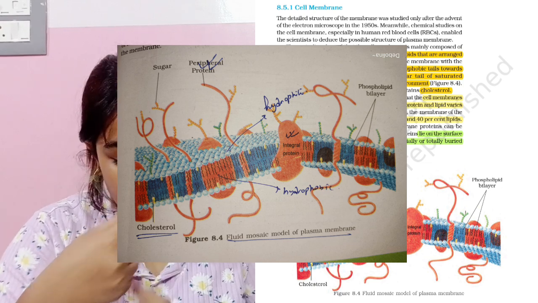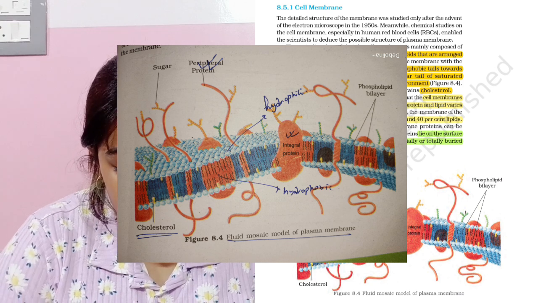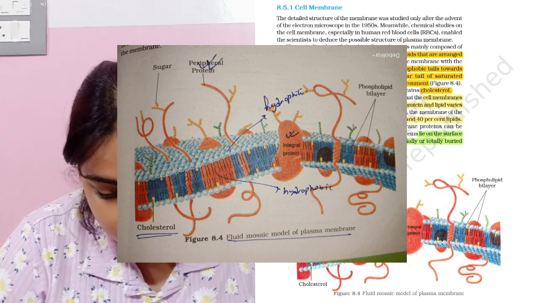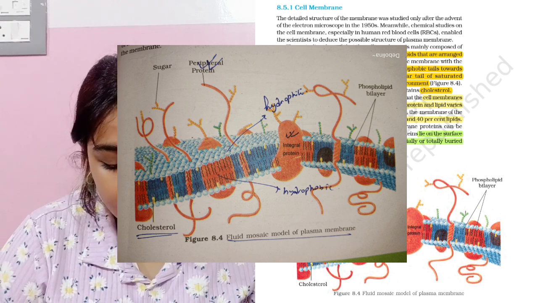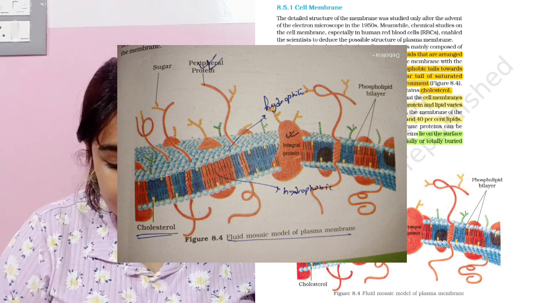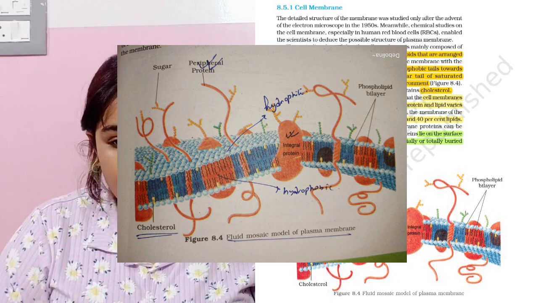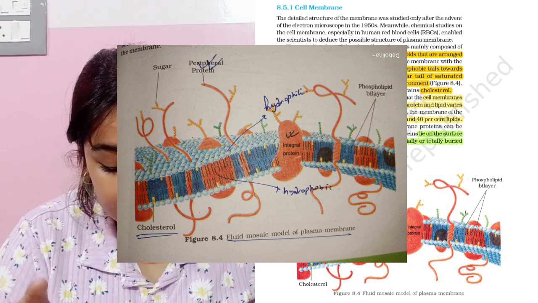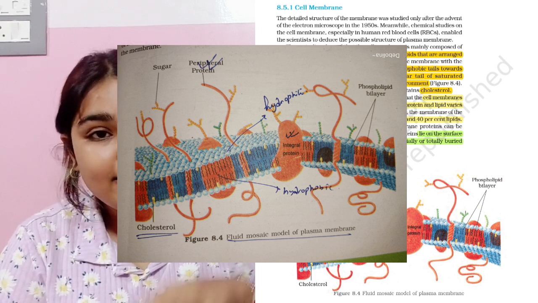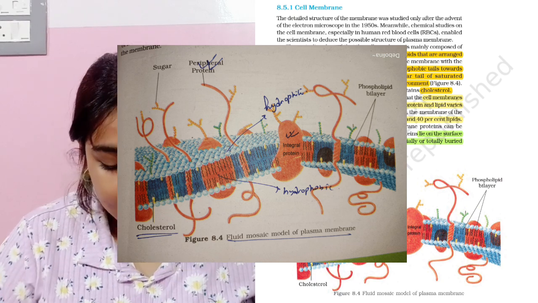Then we have the peripheral protein, which lies partially on the surface, outside of this bilayer, whereas the integral protein is wholly inside the bilayer.